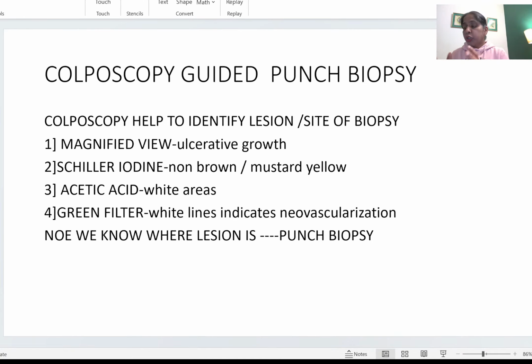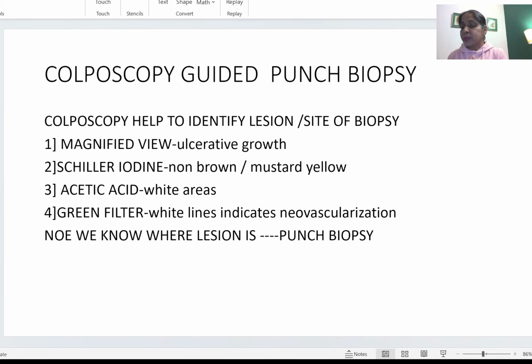So you are very suspicious that this patient has CA cervix. Now you look at the cervix, but there is no lesion. The patient is symptomatic, but there is no lesion on the cervix.